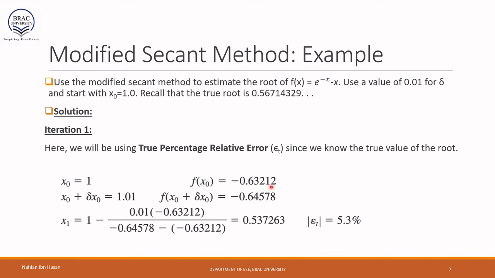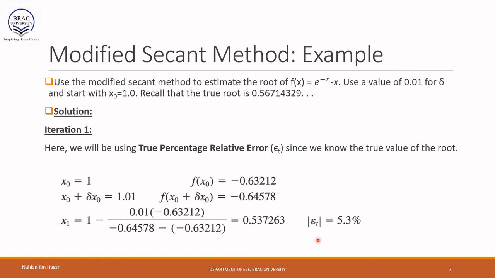In this case, we have found the root to be 0.53763, and since we are given the true root, we need to use the formula of true percentage relative error. If we were not given the true root, we would have to use the approximate relative percentage error epsilon a. But since we are given the true root, we are using epsilon t. So the error turns out to be only 5.3%, which is pretty low. So let's move on to the next iteration.